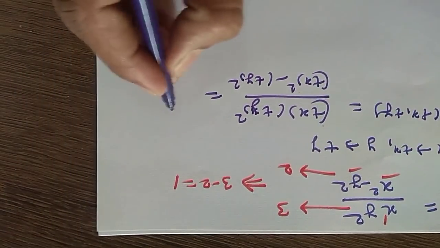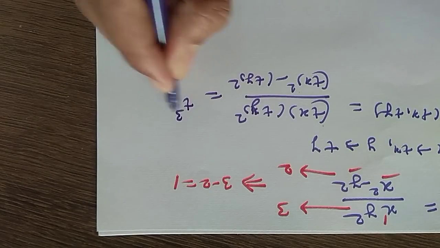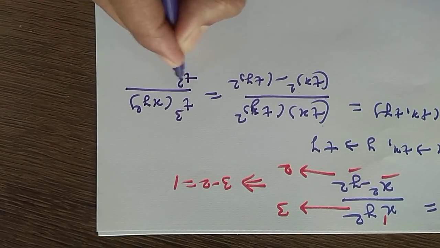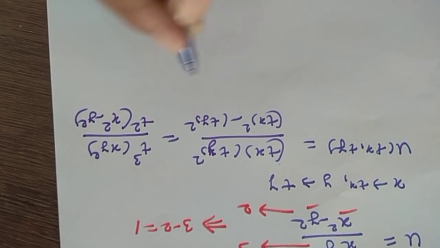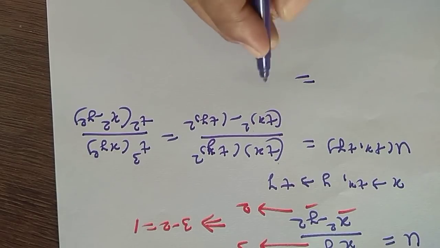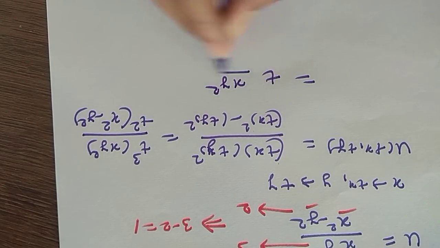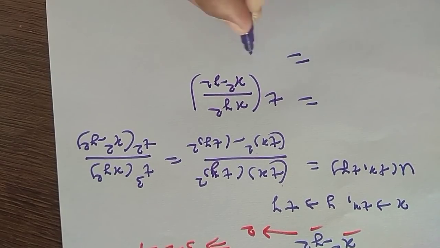This is equal to t cube x y square divided by t square into (x square minus y square), which is equal to t into x y square divided by (x square minus y square), and this is nothing but our u.